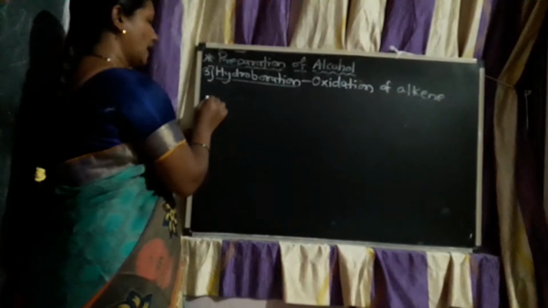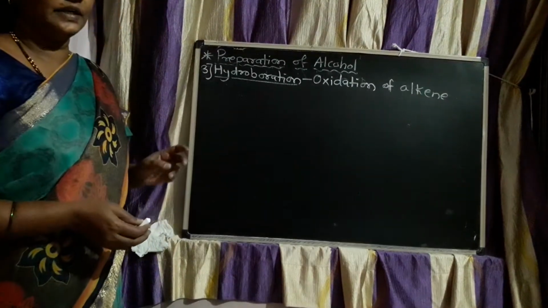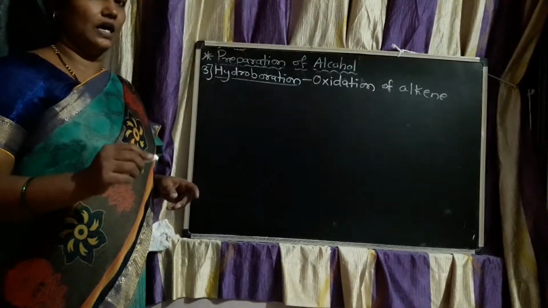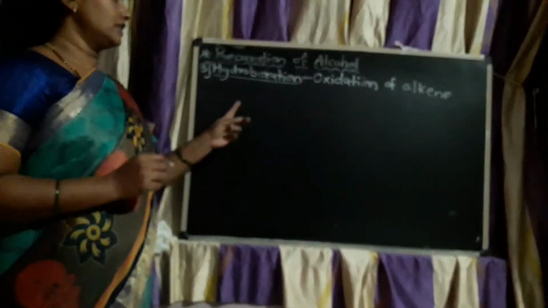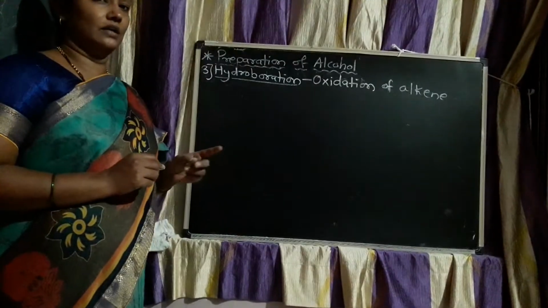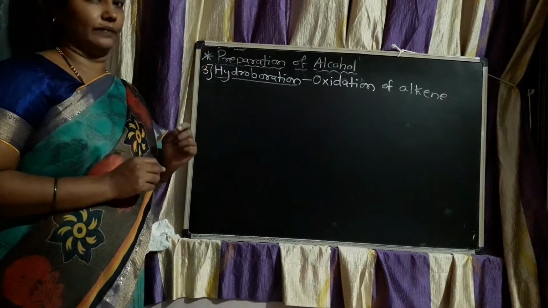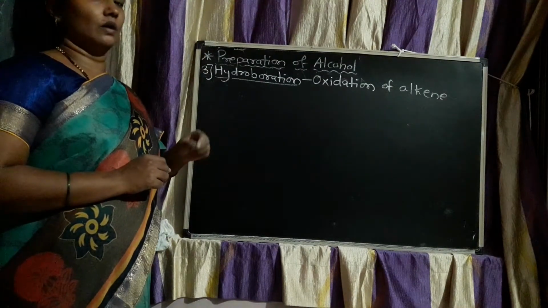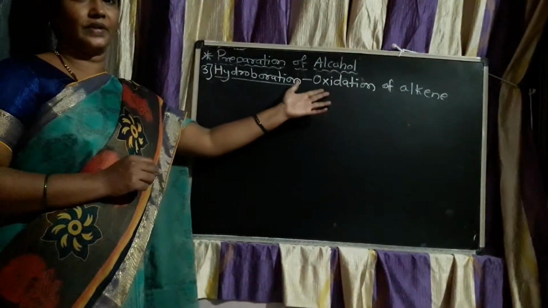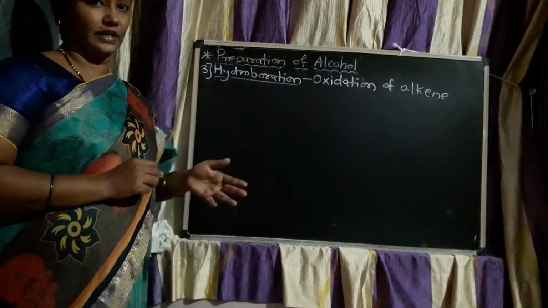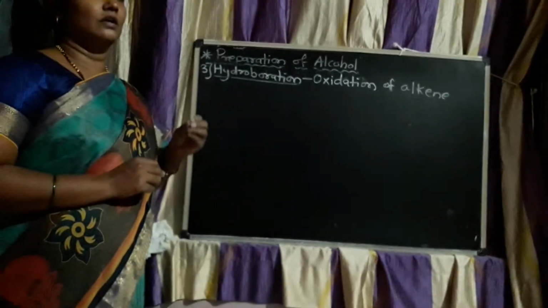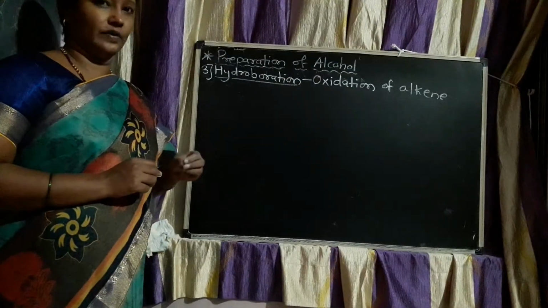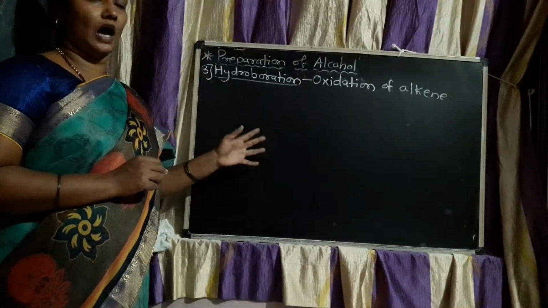Now when alkene reacts with hydroborane B2H6, it is the hydroborane, first it forms the trialkyl borane R3B. Now which on oxidation with hydrogen peroxide and alkaline NaOH forms the alcohol.